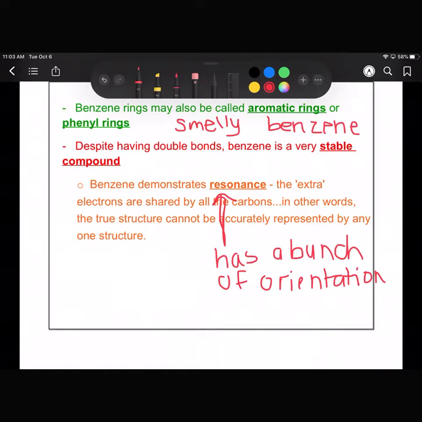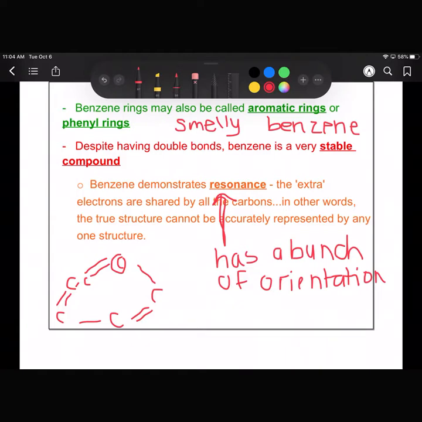If you don't understand what that means, say we have the double bond here and the single bond here, like my terrible drawing, 1, 2, 3, 4, 5, 6. The point is this C at the top has a double bond to the left and a single bond to the right.